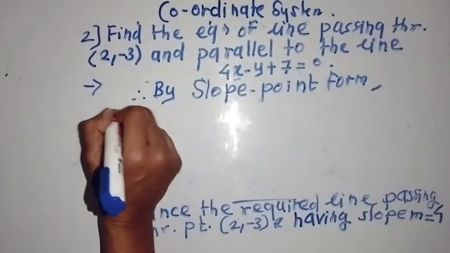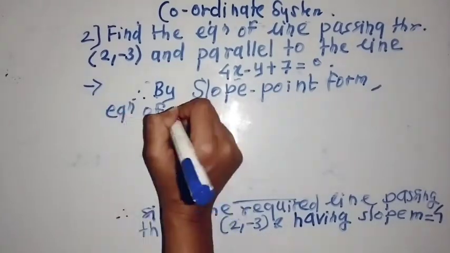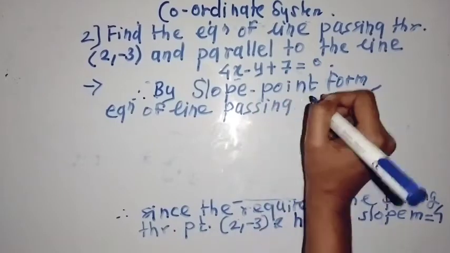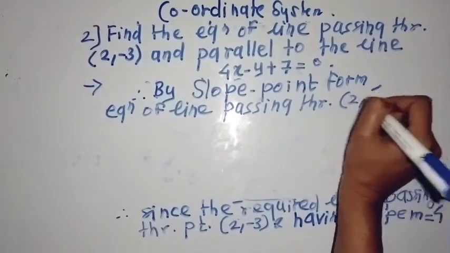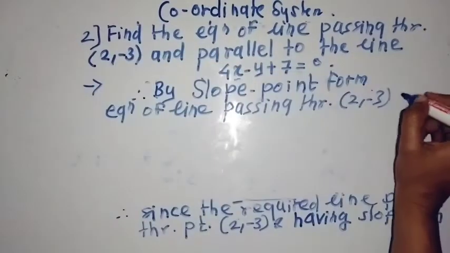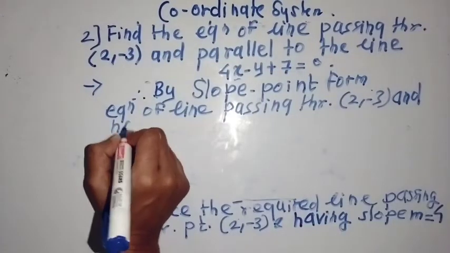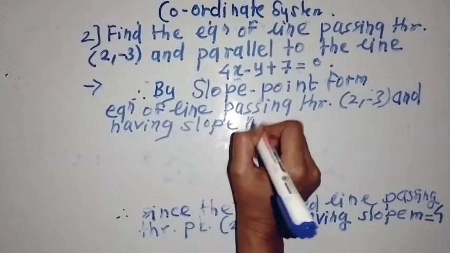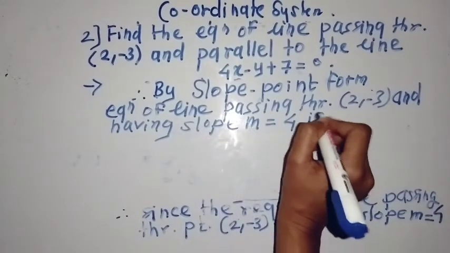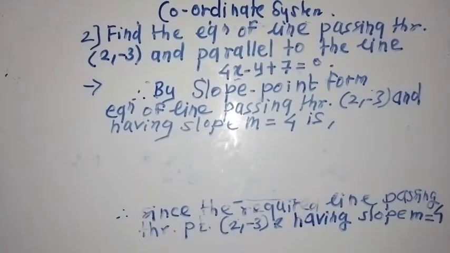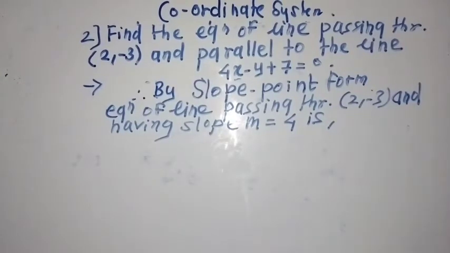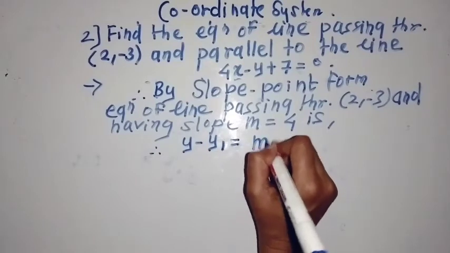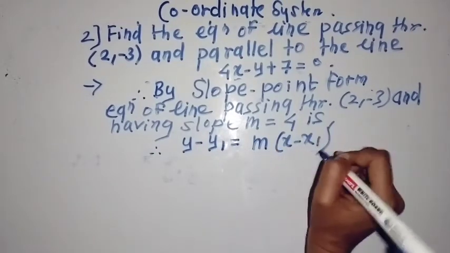the equation of line passing through (2, -3) and having slope m is equal to 4 in slope point form is y minus y1 is equal to m into x minus x1.